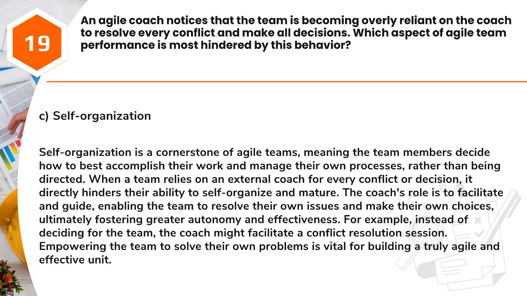The coach's role is to facilitate and guide, enabling the team to resolve their own issues and make their own choices, ultimately fostering greater autonomy and effectiveness. For example, instead of deciding for the team, the coach might facilitate a conflict resolution session. Empowering the team to solve their own problems is vital for building a truly agile and effective unit.